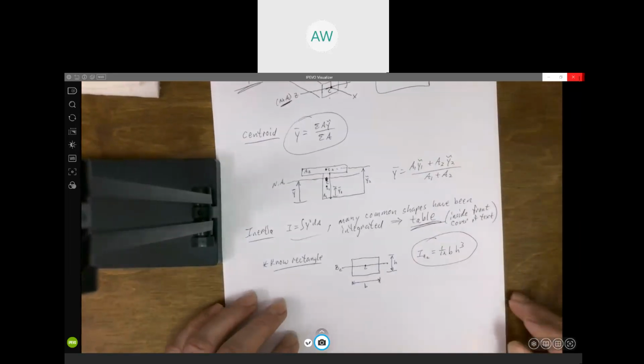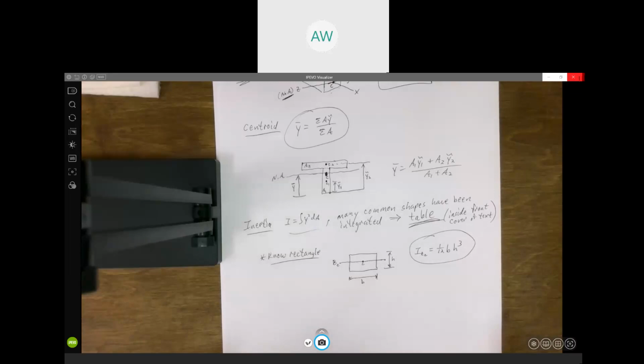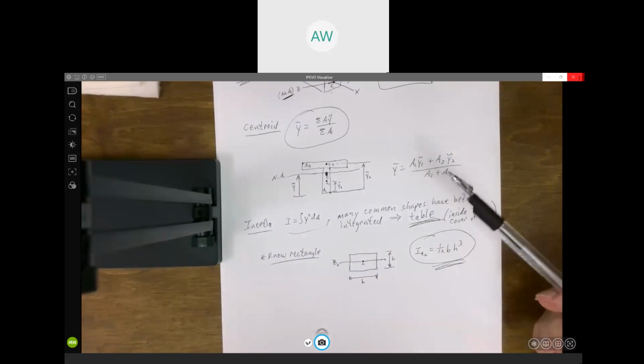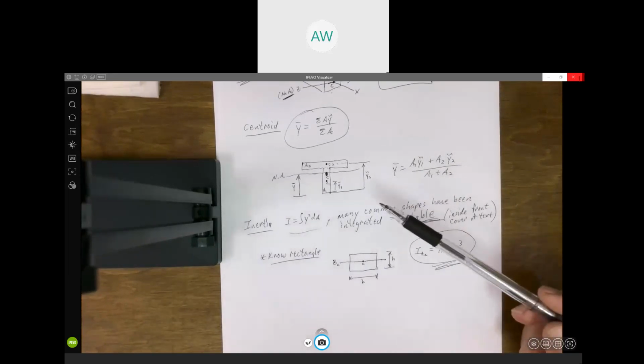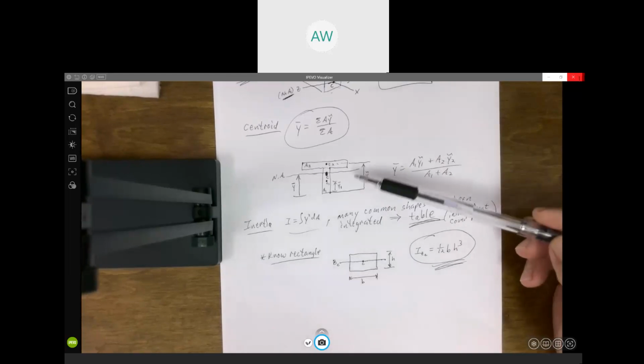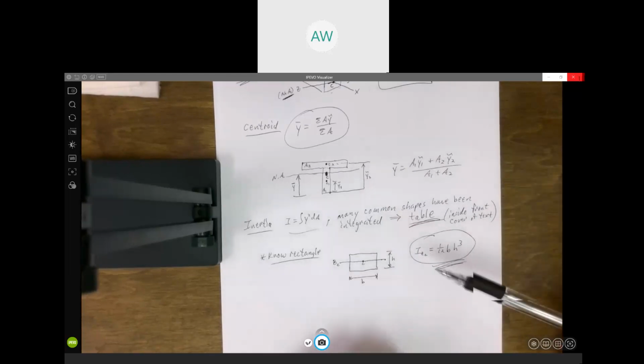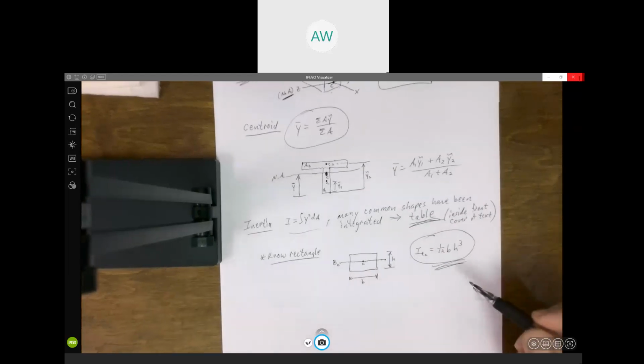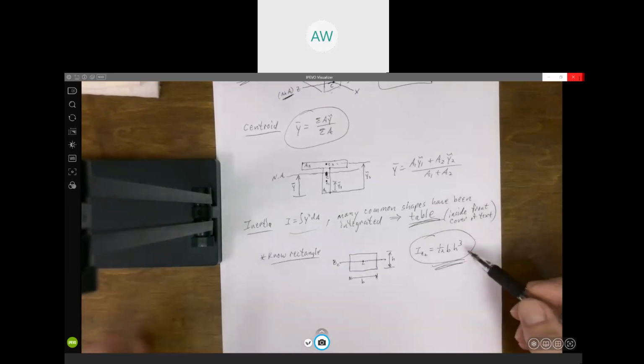And trust me, if you work anywhere close to the number of problems that you're supposed to be working, you won't have any problem remembering that one because you're going to see it a lot. Think about it. I'd say probably 90-something percent of all beams, if you look at their cross section, it's some combination of rectangles. And so you're going to use this one repeatedly over and over again. And again, by test time, trust me, if you're working problems, you'll know this one.